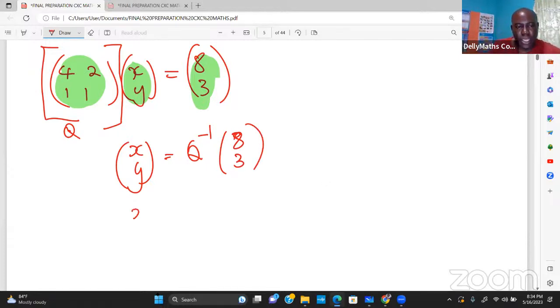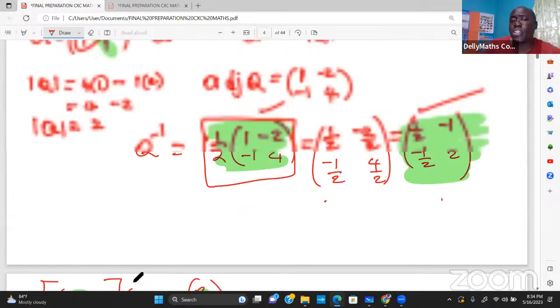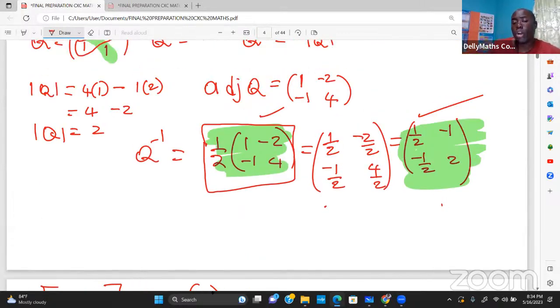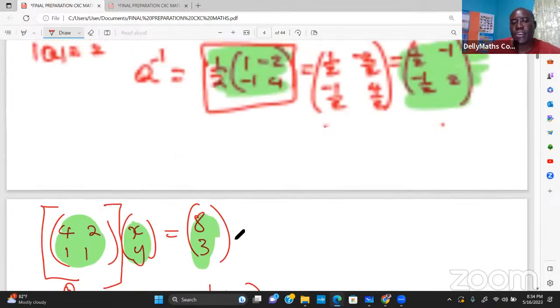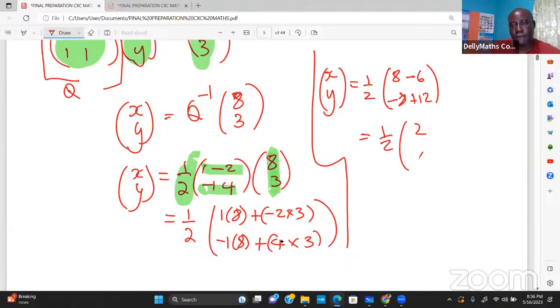Now, let's continue working. If you don't want to work with fractions, it is fine to use Q inverse in its pure form, 1 over 2. So I'm putting the inverse on the top. Now watch this.